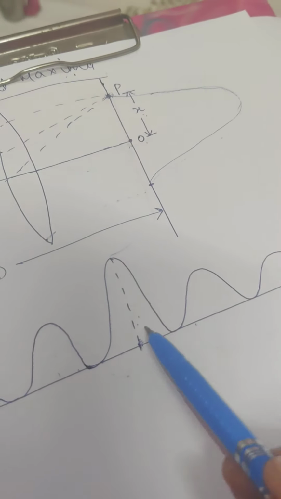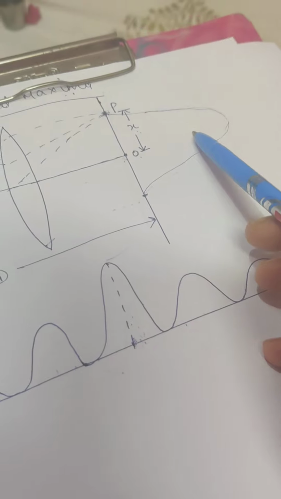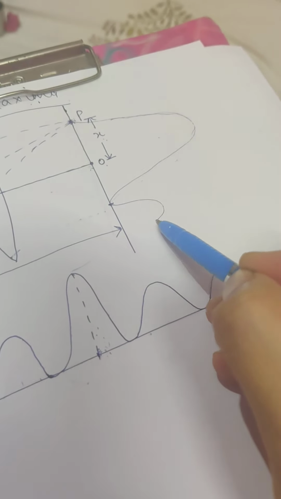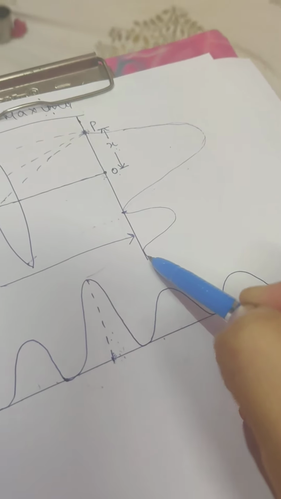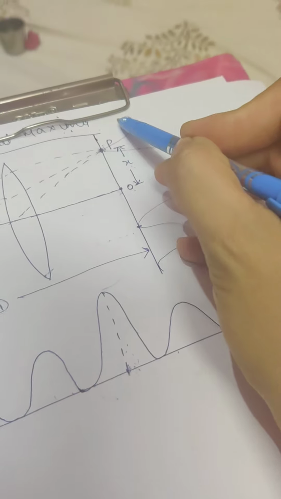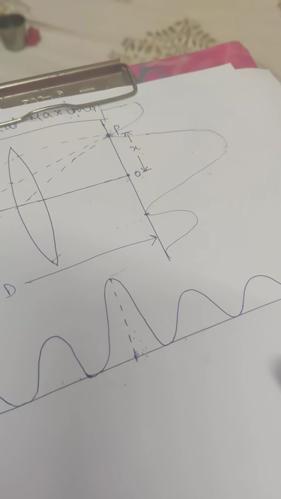This is the central maxima which we get on the screen, and on both sides of the central point O we get the secondary maxima and minima of decreasing intensity.